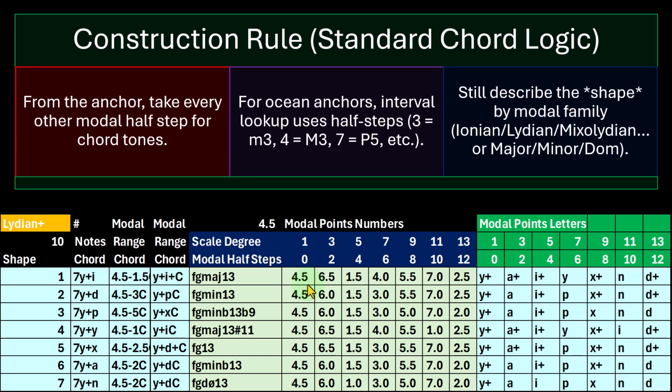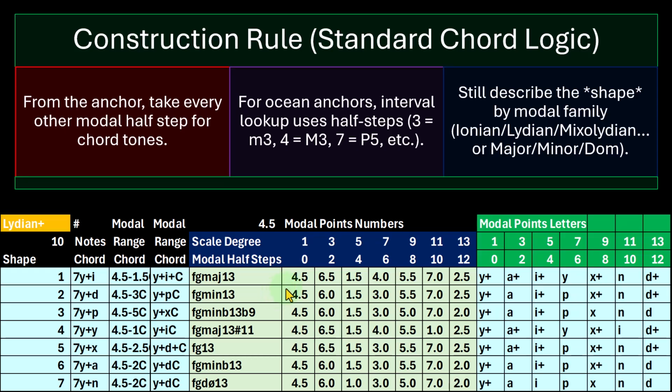What I'd rather do normally is to use modal half steps, meaning if we were on one of the 7 notes in the collection, then I'm just going to measure from that modal point, meaning I start on that modal point and then I go 2 modal half steps, 4 modal half steps, and then 6 modal half steps. If I'm on the Lydian, which is a 4, I say 4, 5, 6, which is going to be an Aeolian node, 6, 7, 1, around the horn to 1, which would be an Ionian node. And you can build your chord that way, easy to do without having to renumber everything or visualize the system as a different collection of notes.